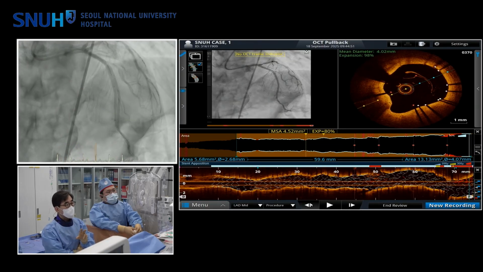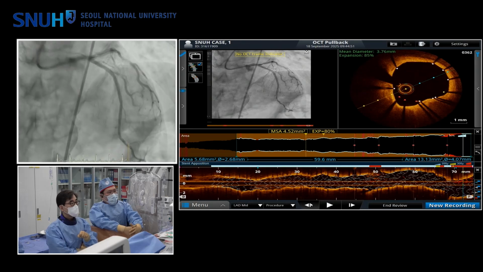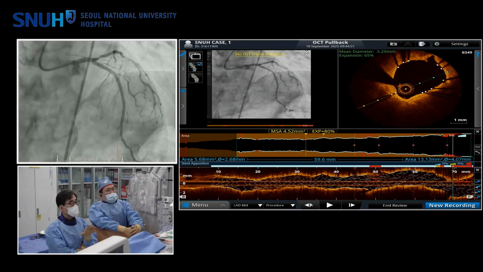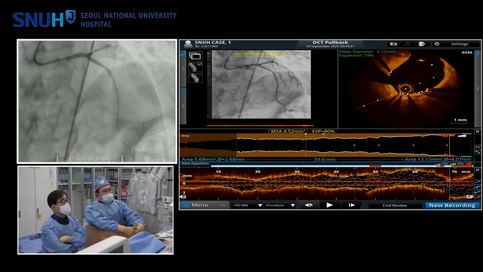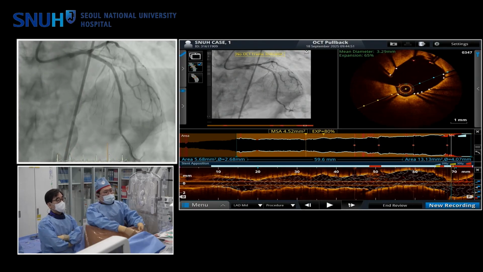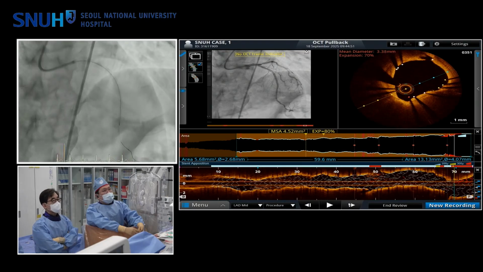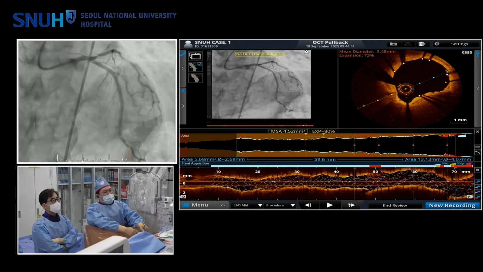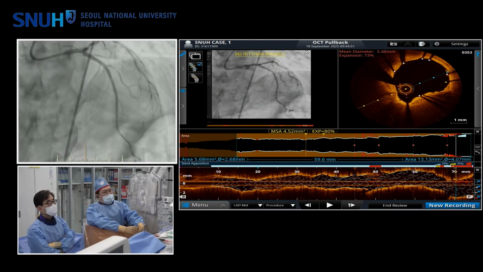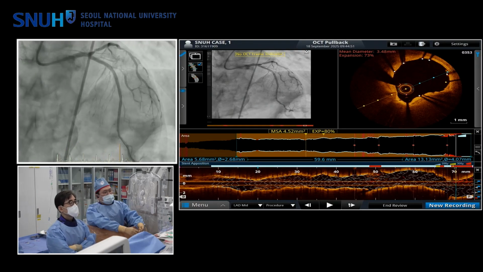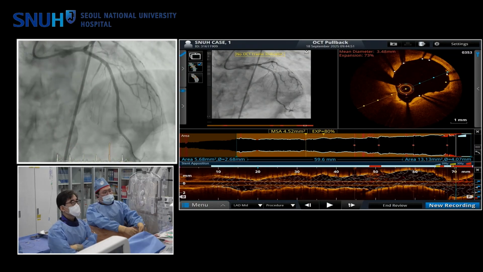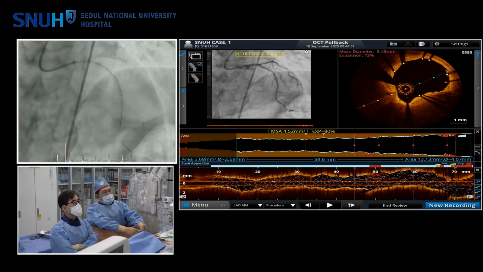Once again, this is the left main. So the nodule is actually opposite to the circumflex ostium, right? Probably. Anyway, the stent is well expanded in the left main, right?